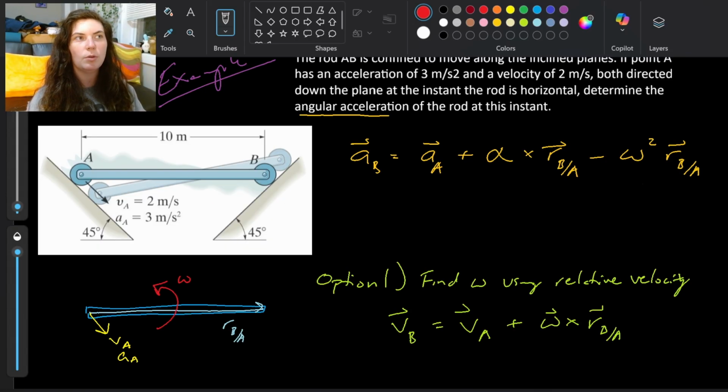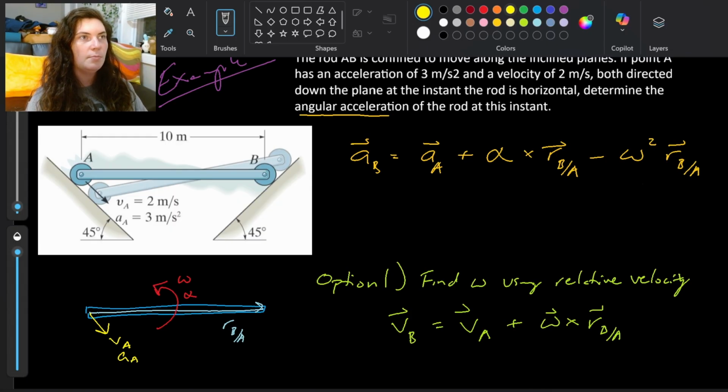So the way that B is moving with respect to A, it looks like it's rotating around in a counterclockwise way. So I'm going to assume that's the way my omega is going. I'm also going to assume this is the way that alpha is going. This is where my angular acceleration is going when we get there. We don't have to be there yet, but when we get there, I'm just going to assume it goes the same way.